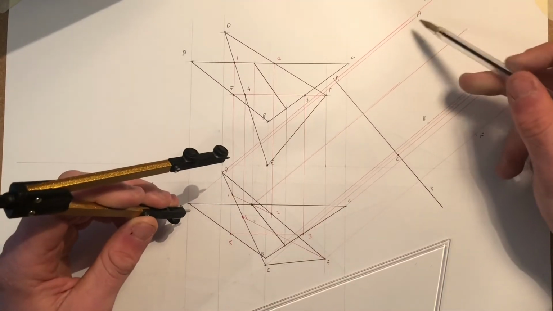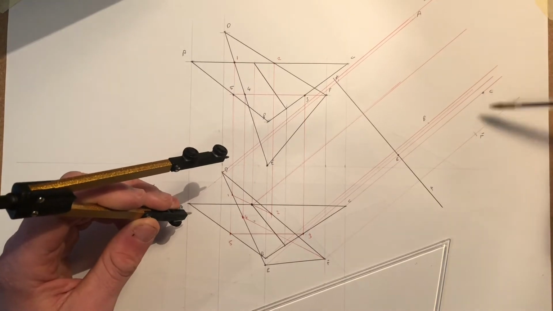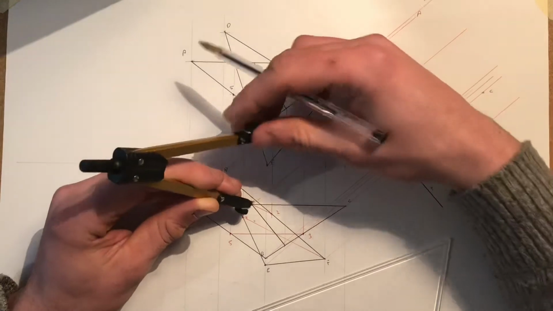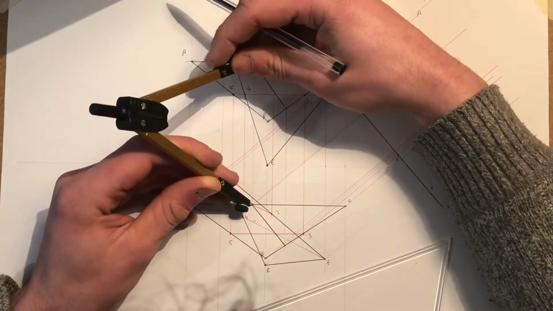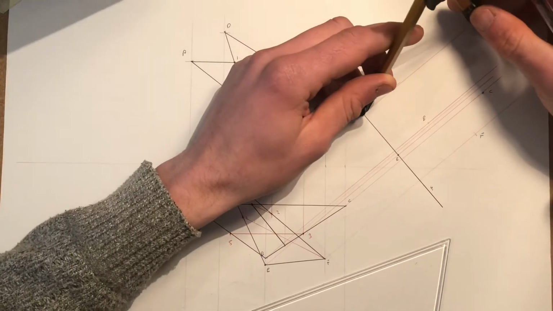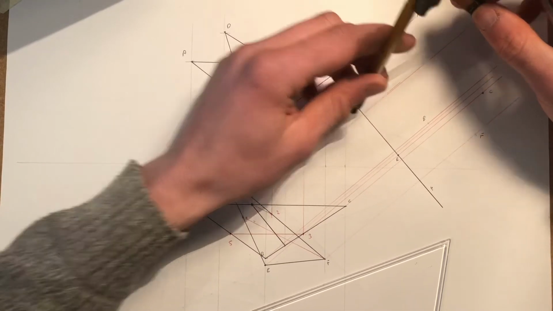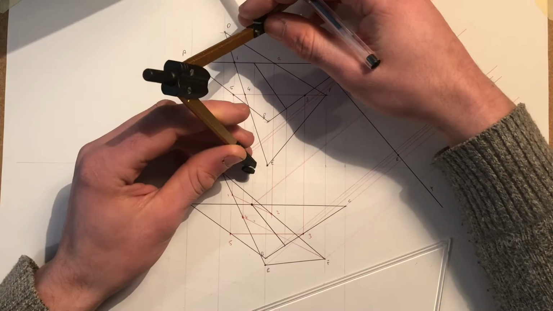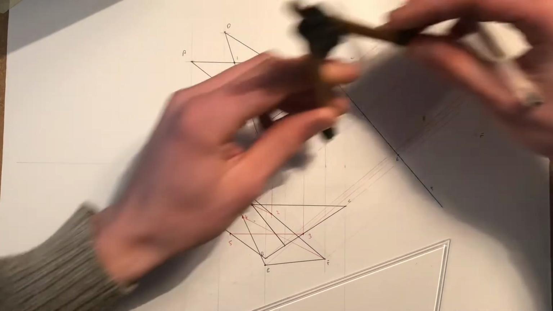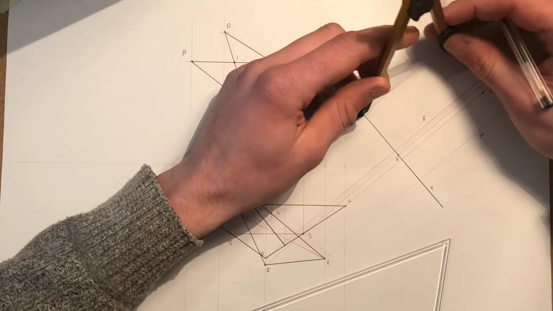So if A, B, C, D, E, F, and we just want to take out our true length line heights there so we can get our line of intersection heights. Sorry. So make sure that's the right point there. There's 1 point.